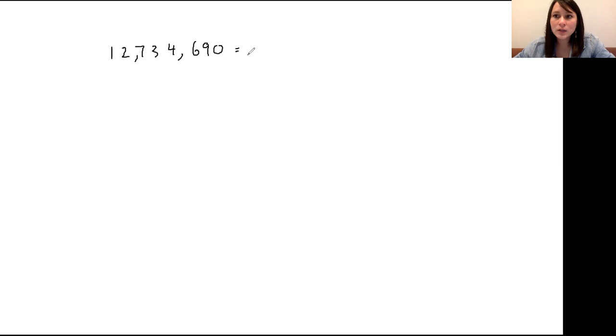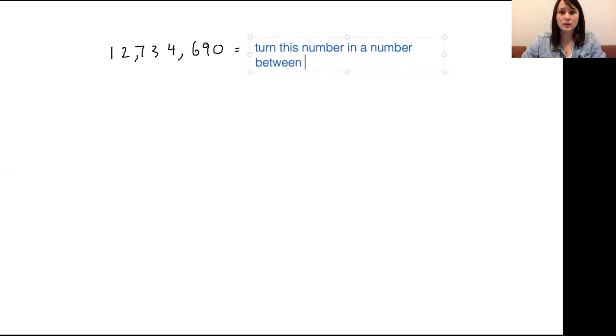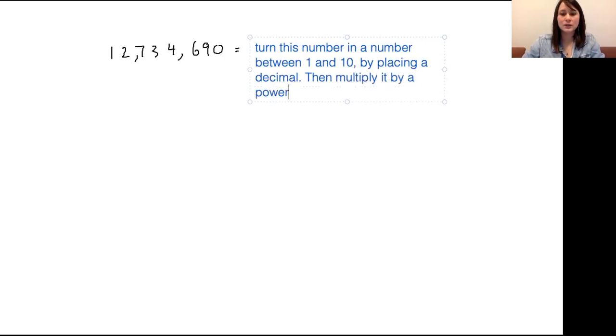So how we can write scientific notation is basically to turn this number into a number between 1 and 10 by placing a decimal, then multiply it by 10 to a power. So let me work this out for you. We're going to put a decimal in this number that makes it between 1 and 10.